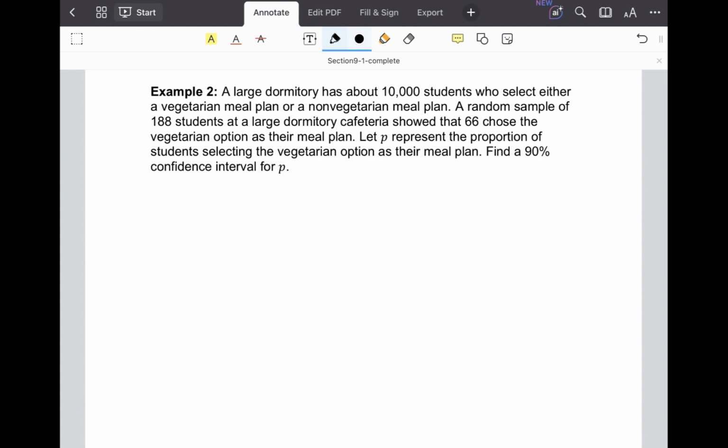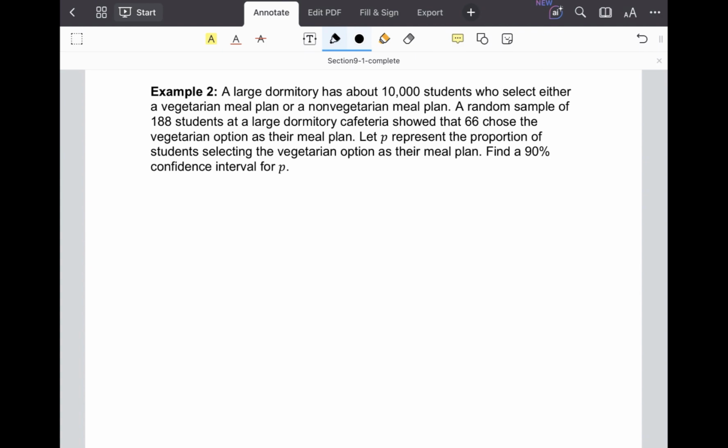A random sample of 188 students at this large dormitory cafeteria area showed that 66 chose the vegetarian option as their meal plan, and we'll let P represent the proportion of students selecting the vegetarian option as their meal plan, and we're going to find a 90% confidence interval for this proportion.